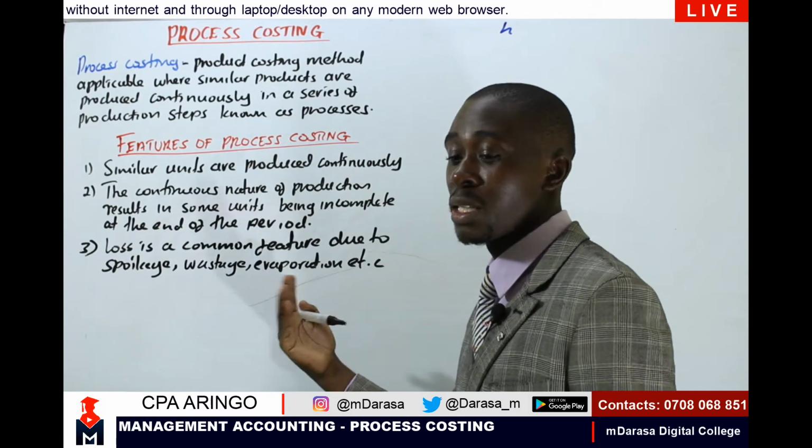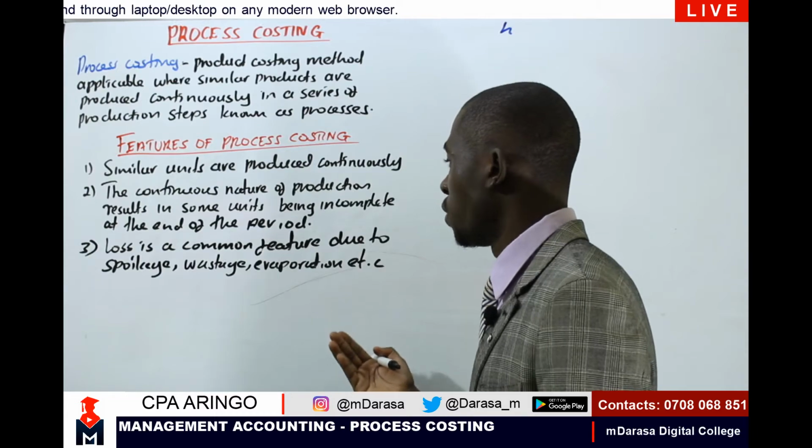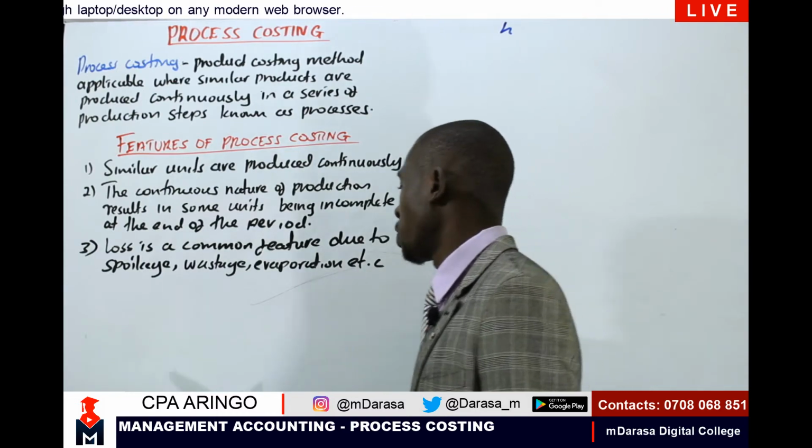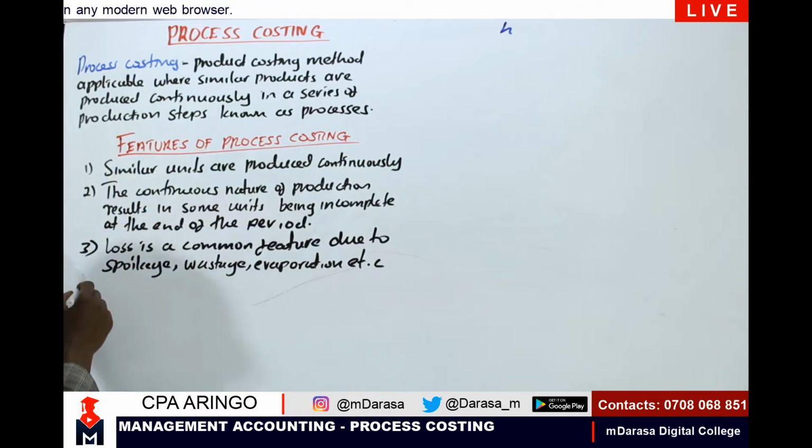So you are saying that amongst the features of process costing is that loss is a common feature due to aspects of spoilage, wastage, evaporation, etc. Then talk of number four feature.